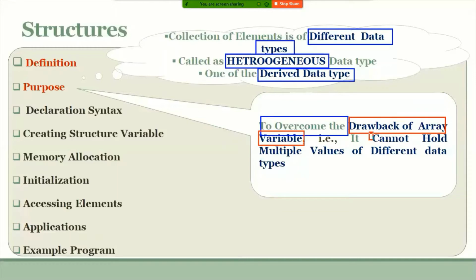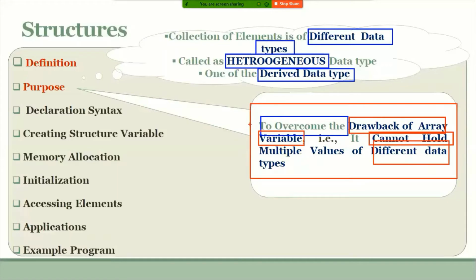It cannot hold different types of elements. Different types of multiple elements cannot be stored under a particular array variable. That is the main drawback. So to overcome this drawback, we are supposed to use structures. So structures are the alternative for that particular drawback of arrays.